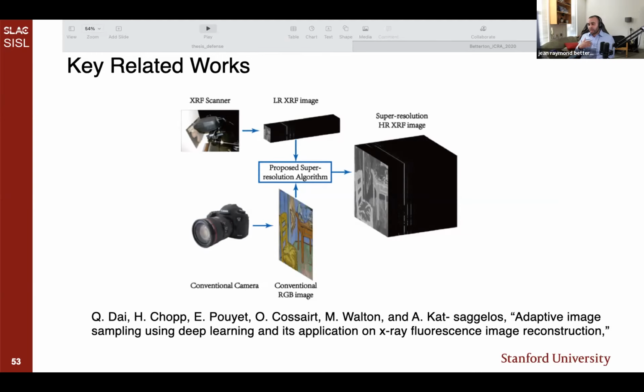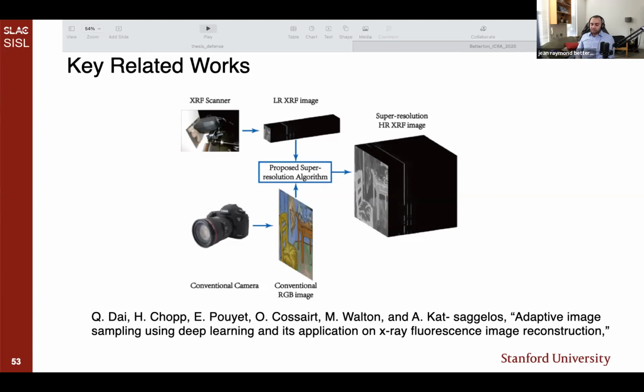The neural network then outputs a sampling mask, which is sort of like a dot pattern that the XRF beam is meant to follow. And then once they've collected that sparse set of measurements, they fill in the rest with another neural network that does inpainting. So that's the idea behind this work.